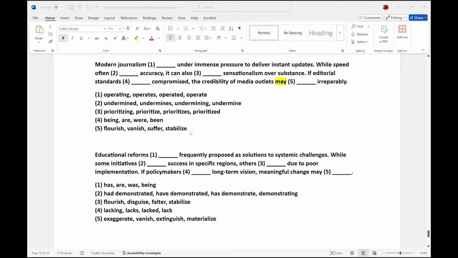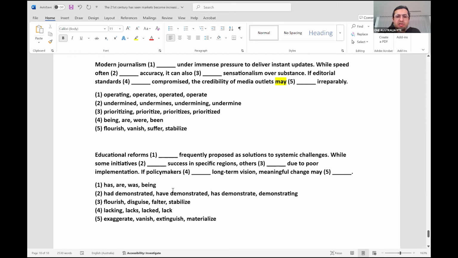Vanish. Elaborate. Meaningful change, because of the lack of long-term vision. Establish. It needs to be negative. Meaningful change may, we need something negative, right? Yeah, vanish.